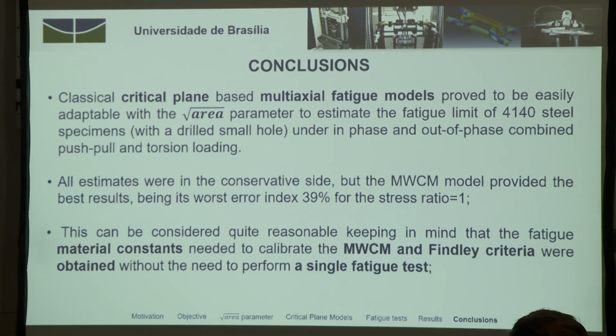The main conclusions of our work are that it is possible to calibrate critical plane multiaxial fatigue models with the fatigue limits obtained from the square root of area parameter, and its main advantage is that the calibration does not require any experimental test.